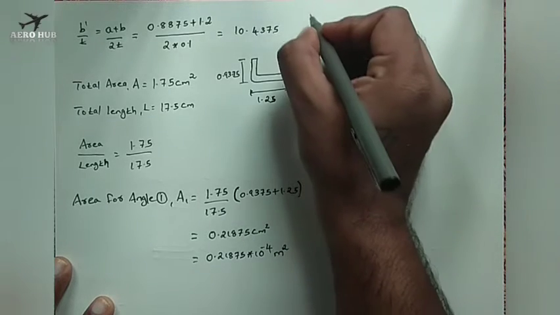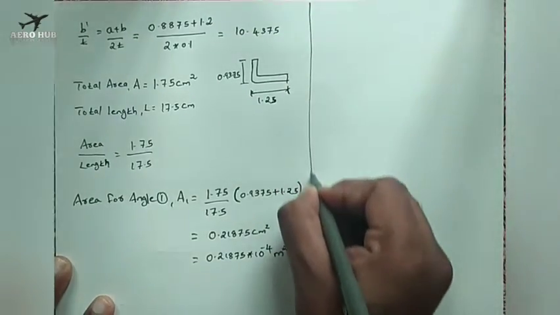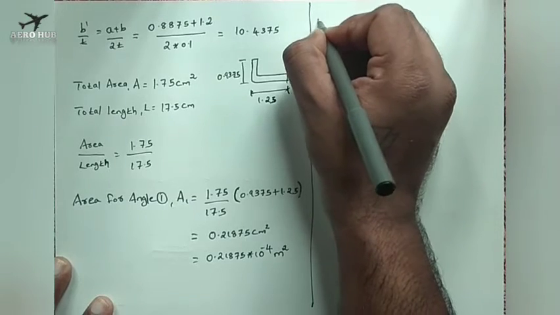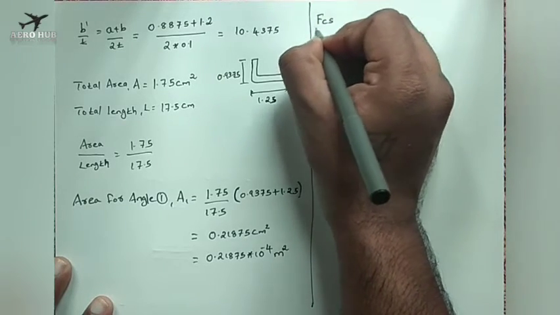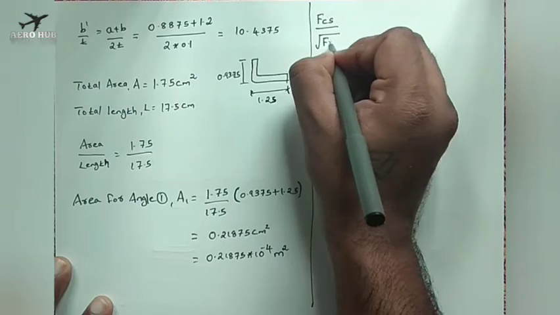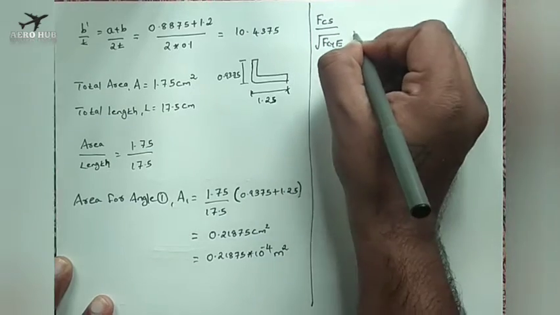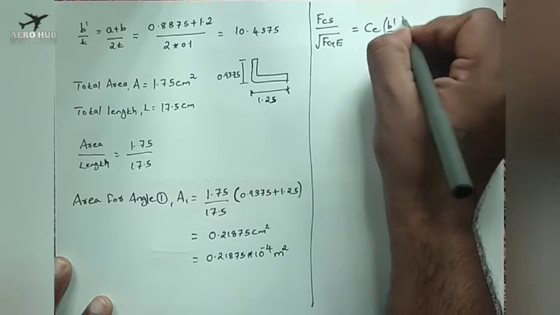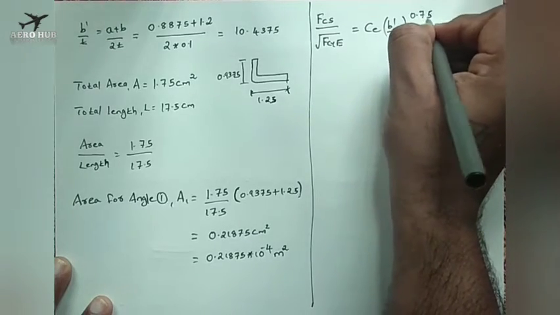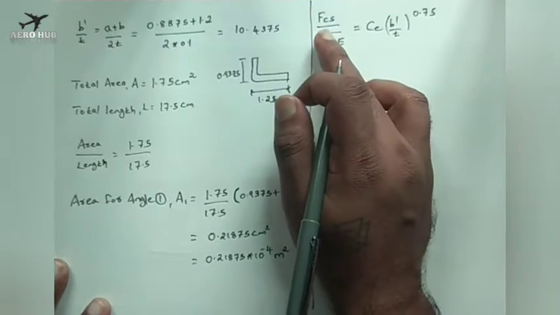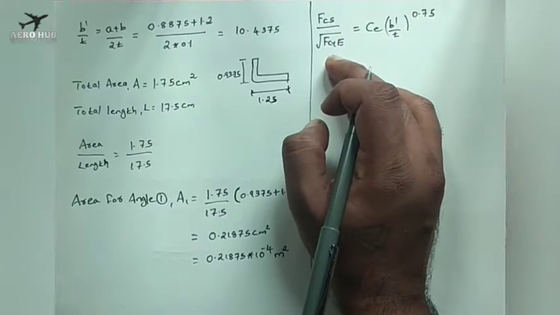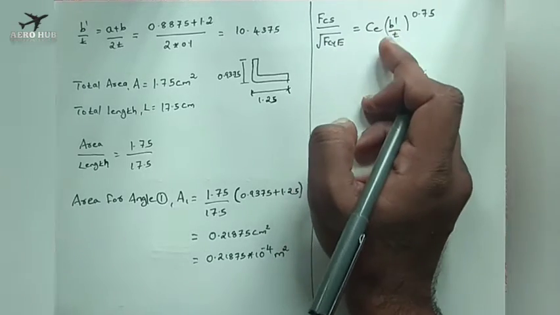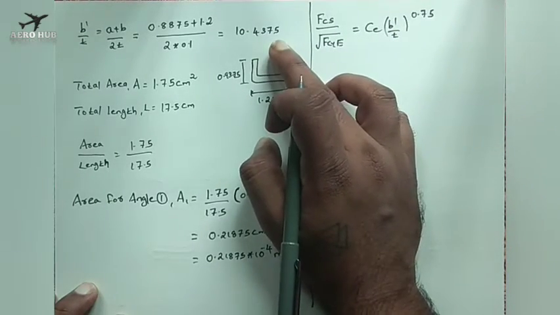Now I will find out the value of FCS by FCY. FCS divided by root of FCY into E is equal to CE B dash by T all power 0.75. Now we have to find out the value of FCS. We know the value of FCY, Young's modulus, B dash by T, that is 10.4375.